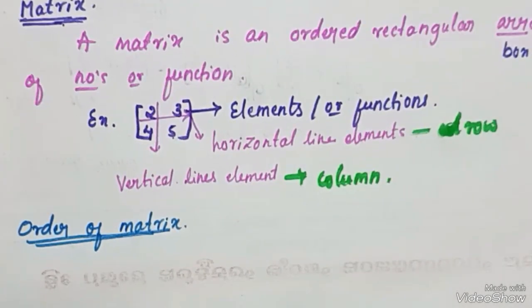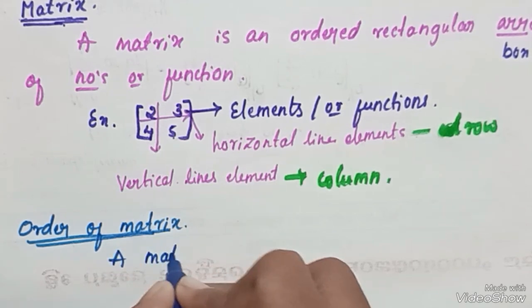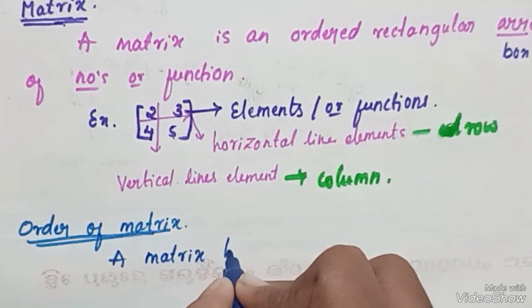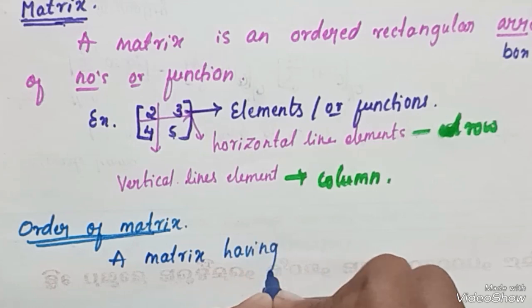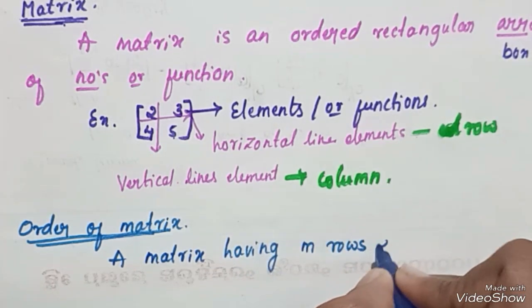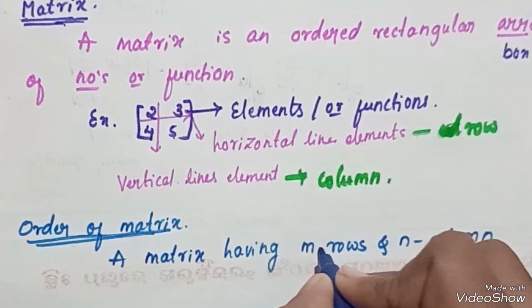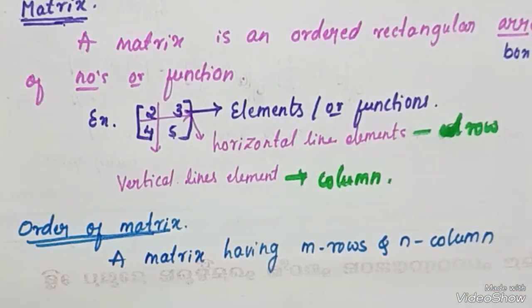Then the order of a matrix: a matrix having m rows and n columns.